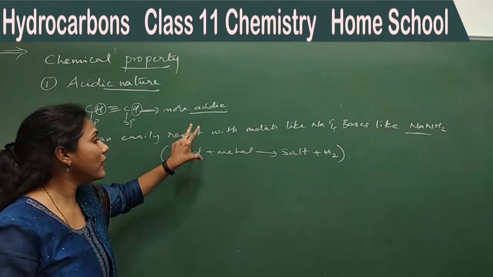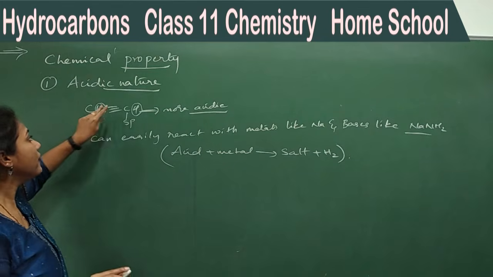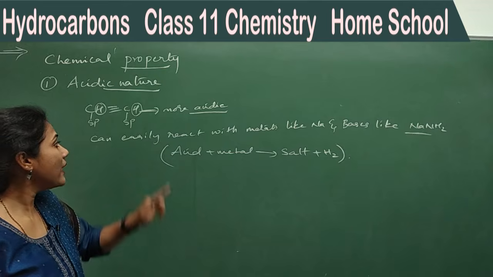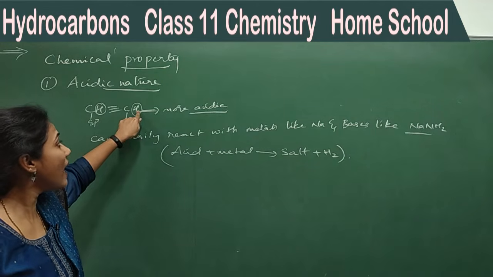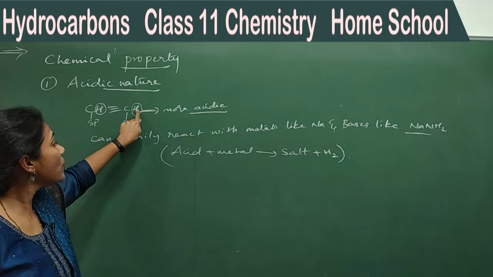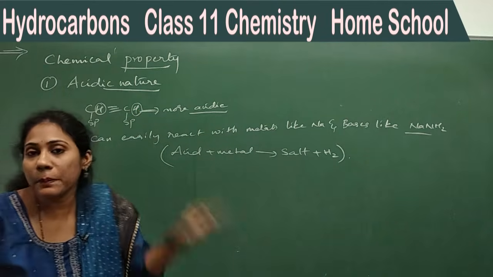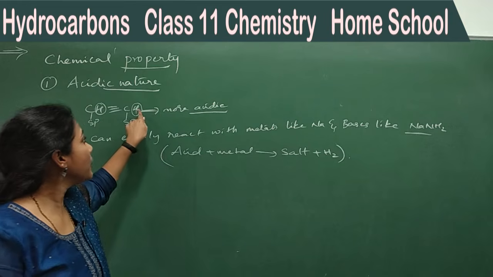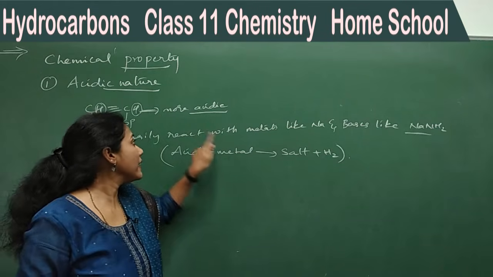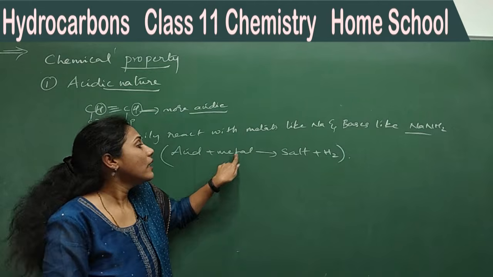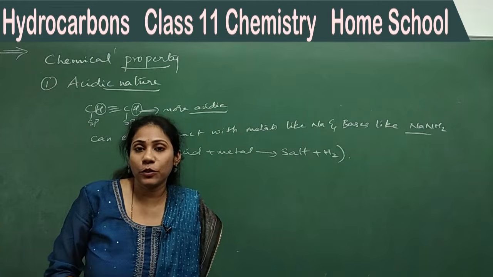The same reactions we are going to write for different alkynes. Always remember, guys, the more acidic hydrogens are those connected to sp hybridized carbon only. On reacting with a metal, the hydrogen gets displaced by the metal, giving you salt and hydrogen gas.